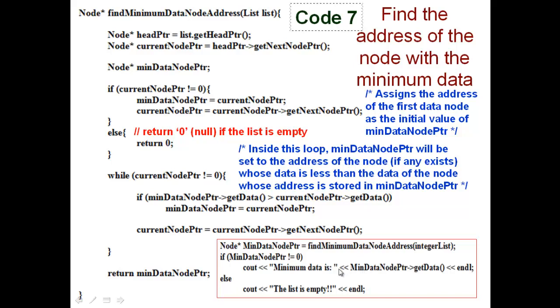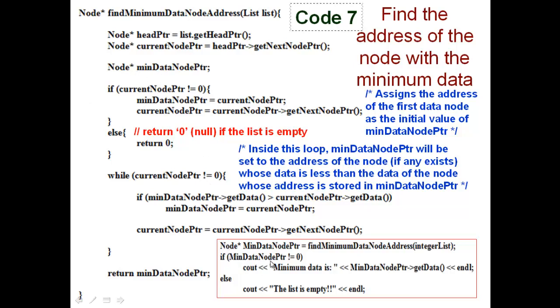So in the main function, once you get the address as a return value, you can give a different name for this pointer because this is in the main function and this is a different function. That's why I made a difference by putting a capital M for the min instead of the lowercase m.